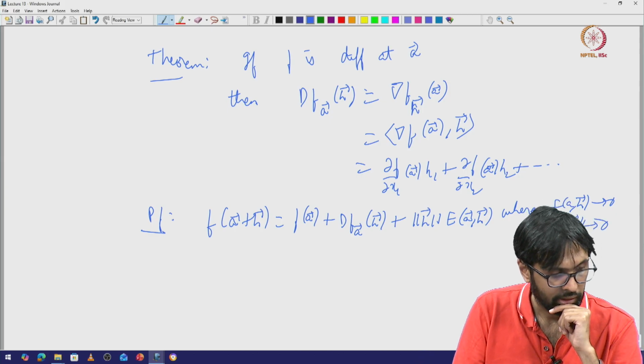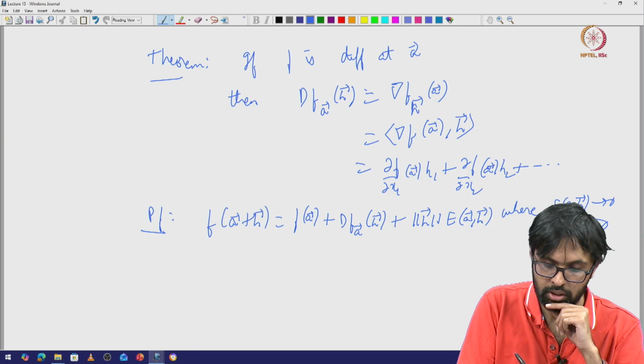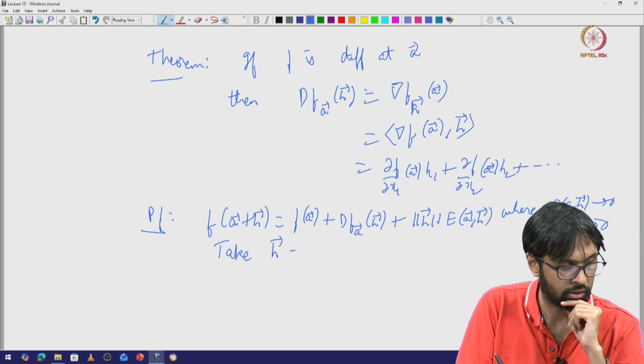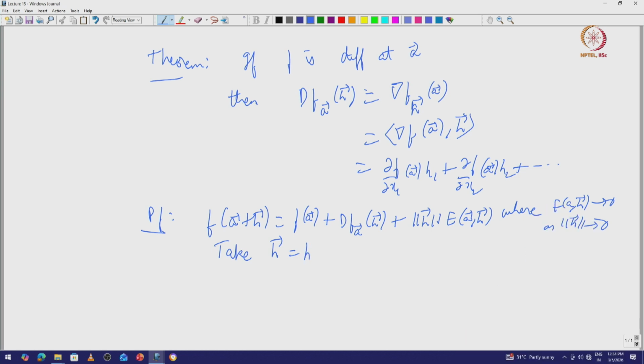Now what we can do is take the vector h to be some small scalar h times v, for all small enough h. Why must h be small enough?